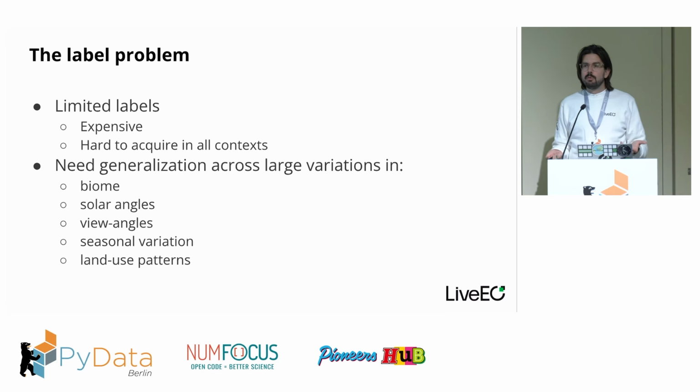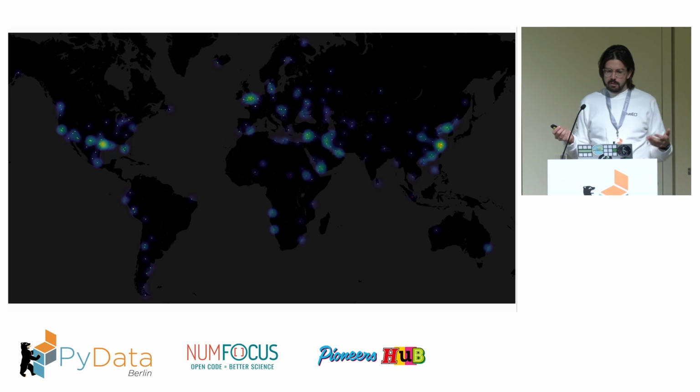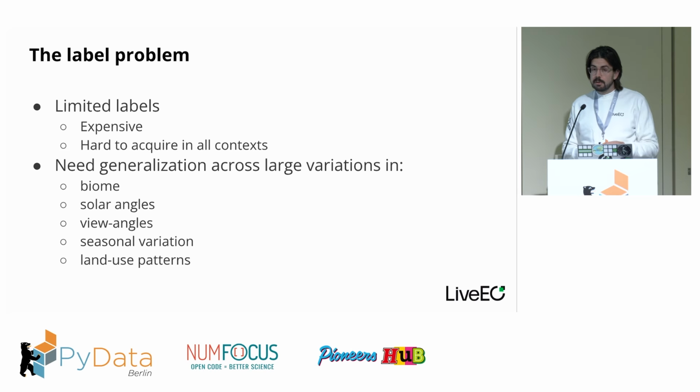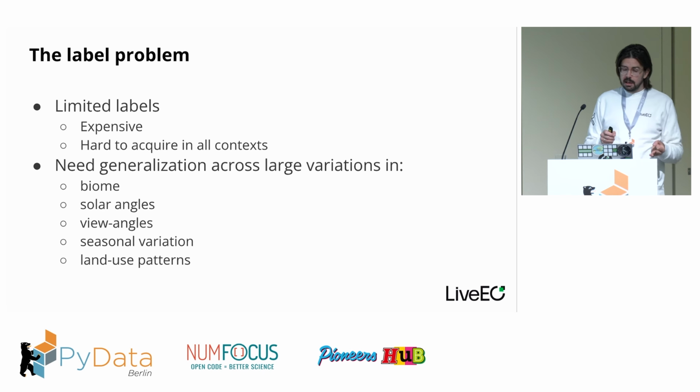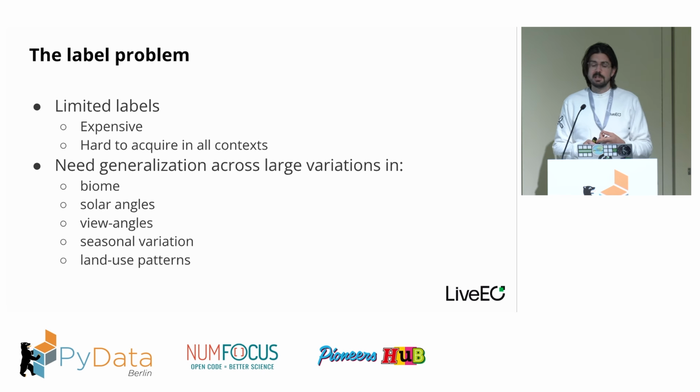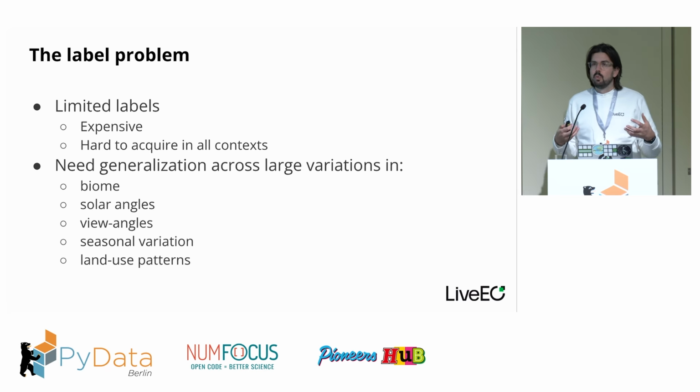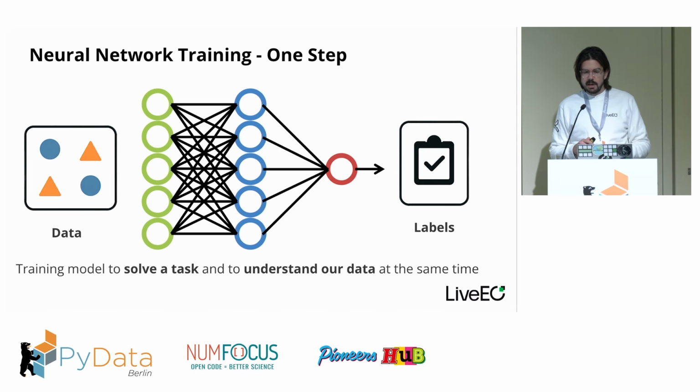You can imagine if we're only training a model, like I said here, on 5 images, this model has only seen 5 different solar angles, 5 different view angles, and probably, I think the data set was only of 1 biome. It has seen pretty much no seasonal variation and hasn't really seen much different seasonal land use patterns. So we really need a model that can understand all of this and really understand this kind of data.